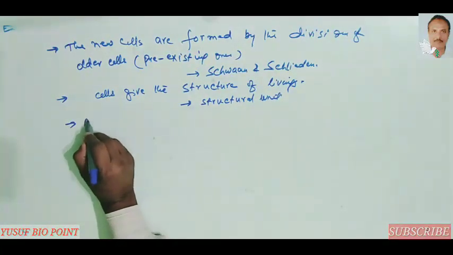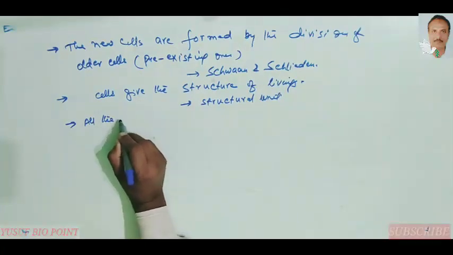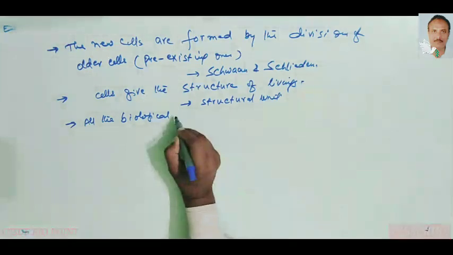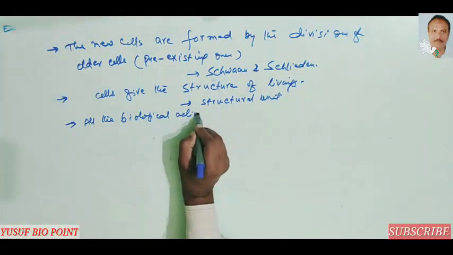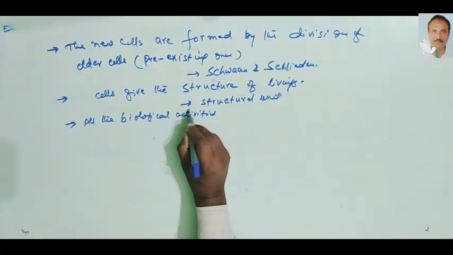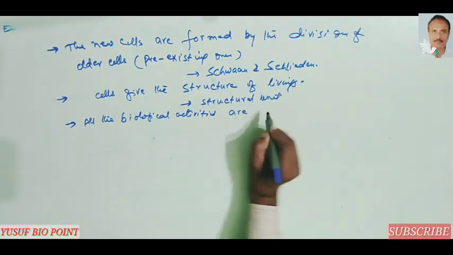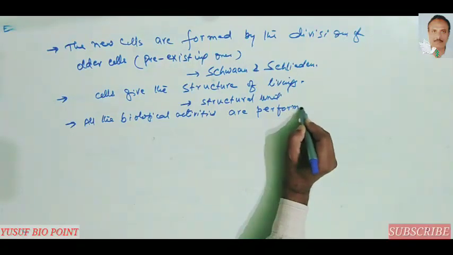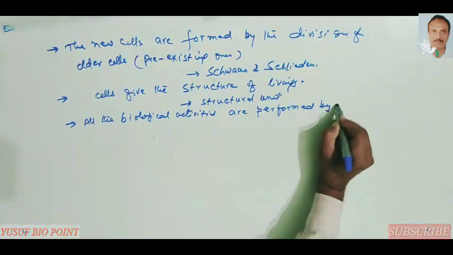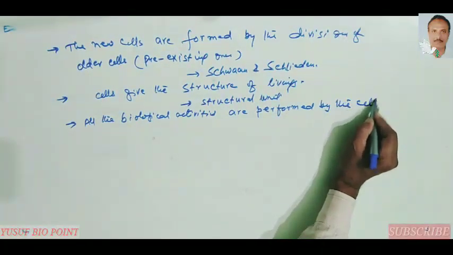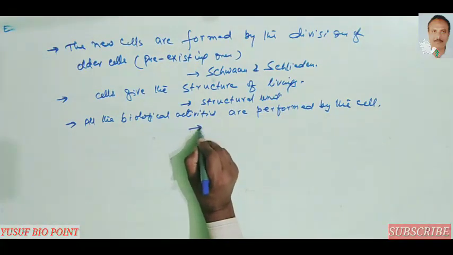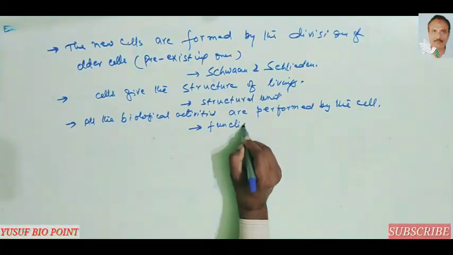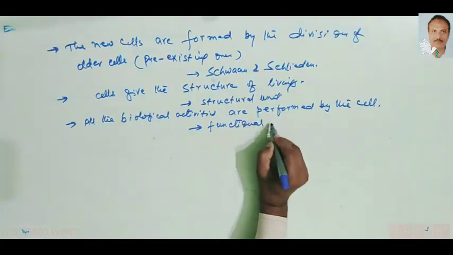Next, all the biological activities are performed by the cells, so the cell is also called the functional unit.